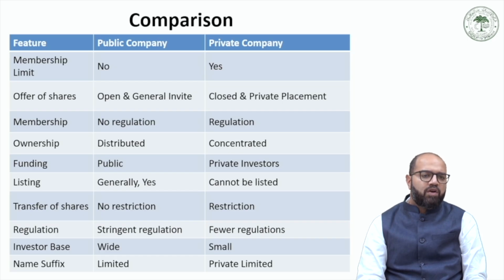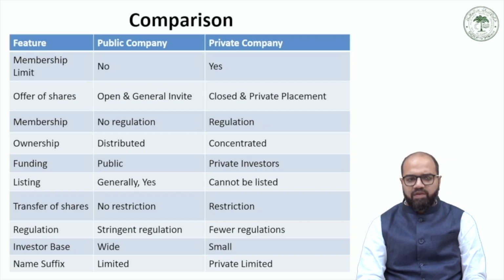Second, on the aspect of offer of shares, a public company is open to new shareholders, and the invite that it issues to the members of the public is a general invite. So any member of the public can subscribe to the shares of a public company.